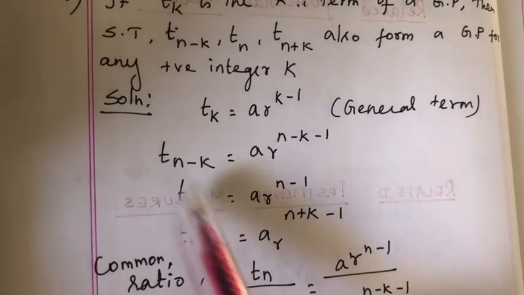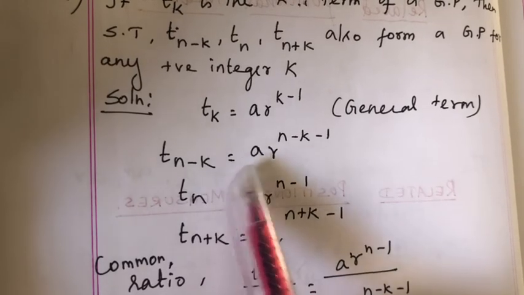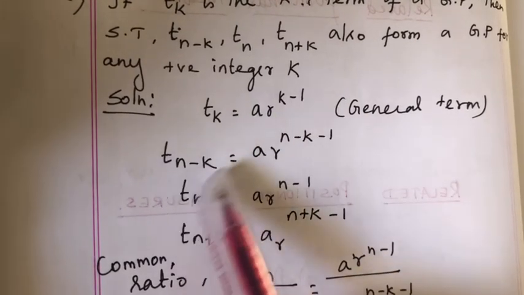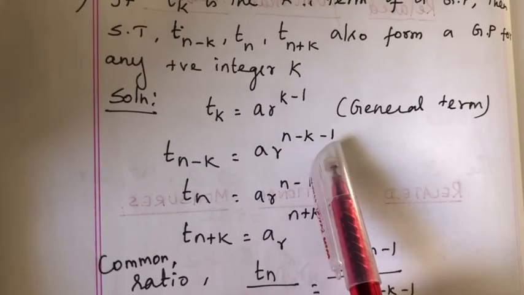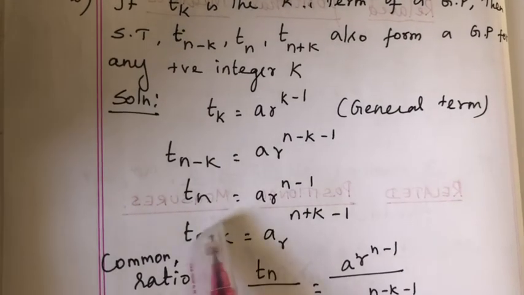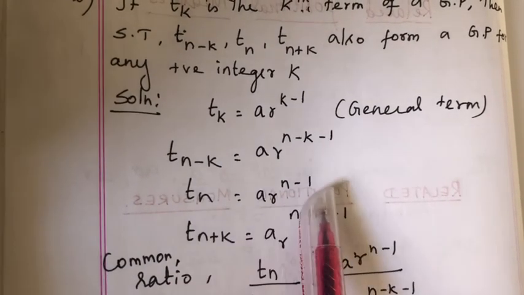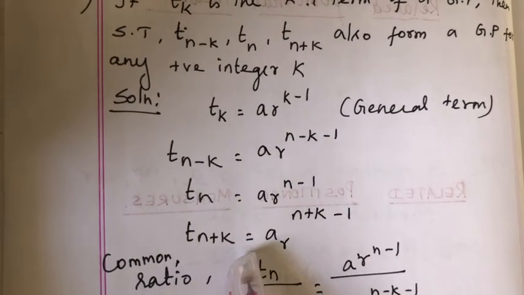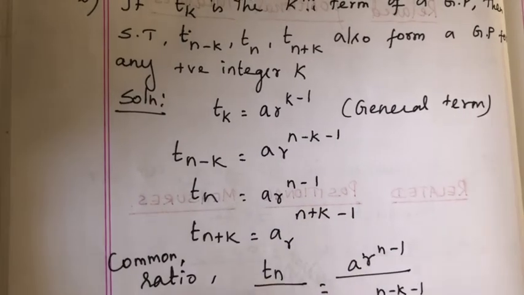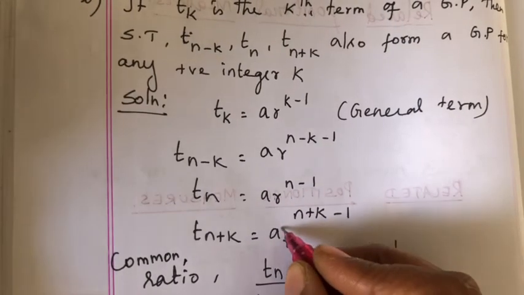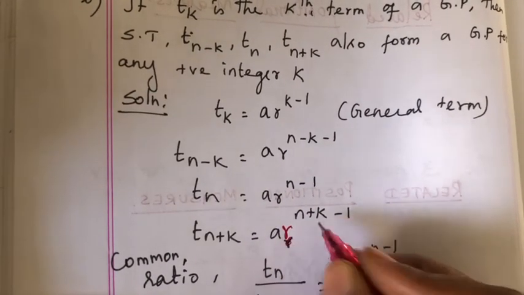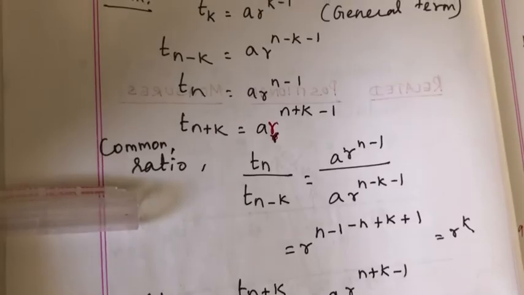Tn minus k is a r power n minus k minus 1, Tn is a r power n minus 1, and Tn plus k is a r power n plus k minus 1.